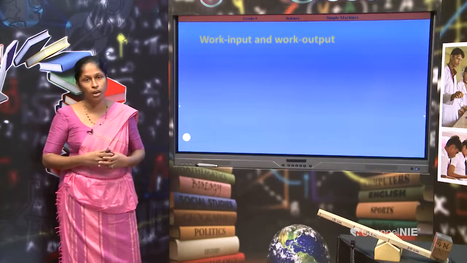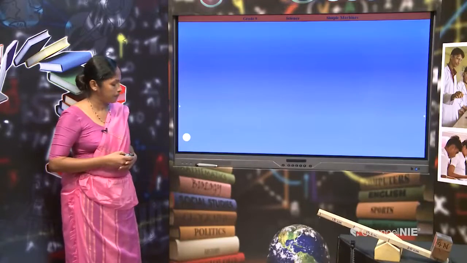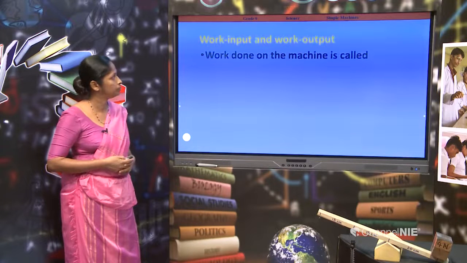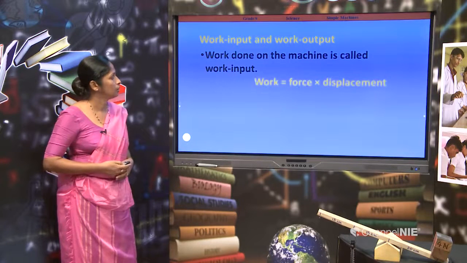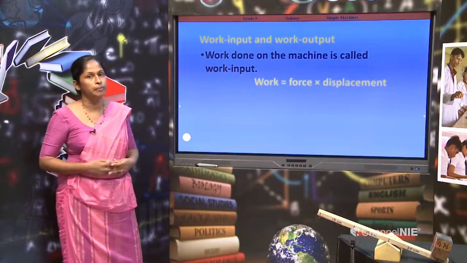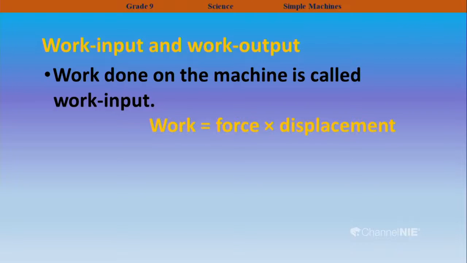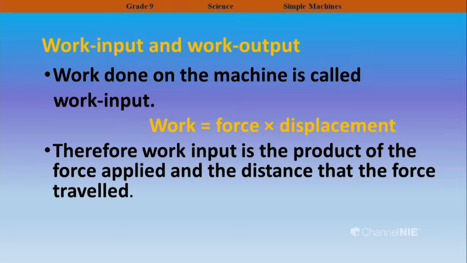That is called work output. In science, we calculate this work input and work output. Normally, work can be calculated as force into displacement. In this way, work done on the machine or work input can be calculated by effort into displacement of the effort.